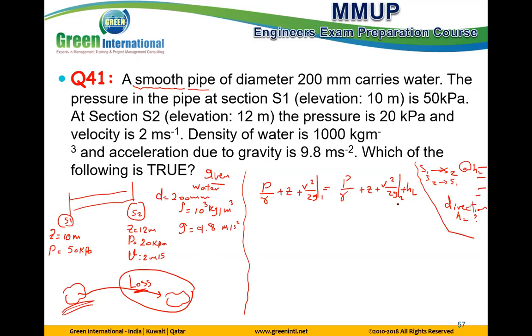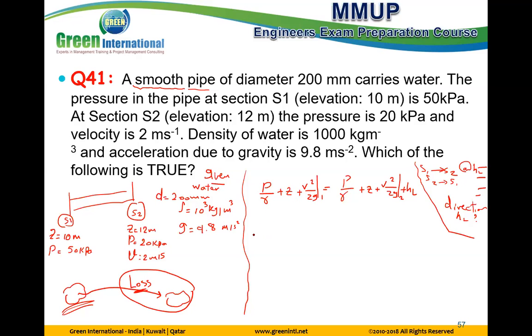So I put H losses with state 2, which I guess is the final state. If H losses at the end comes out positive, it means you are correct for what you expect. But if the losses come out negative, it means it should be the other way, and the direction is from 2 to 1. Is this clear? Let's start.